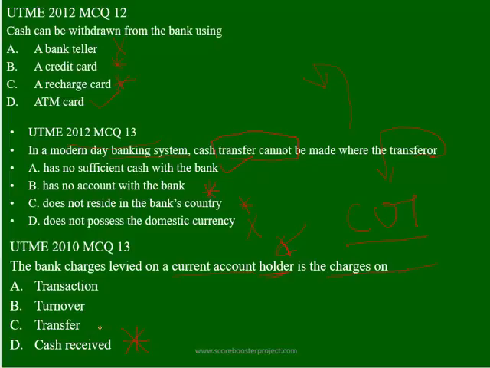Cash on transfer is not it, because even if you don't carry out any transaction, you don't need to transfer before they charge you. The transaction is small, you might not even carry out a transaction. Once you keep the account, they will charge you for maintaining the account for you. It's a form of turnover. So it's charges on turnover, that's COT.